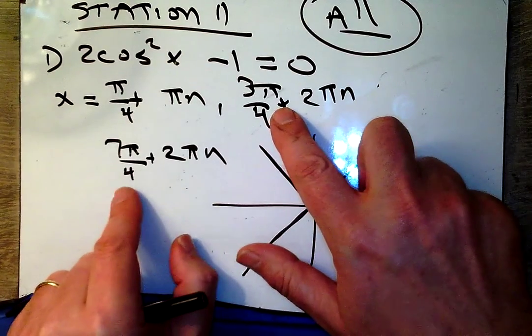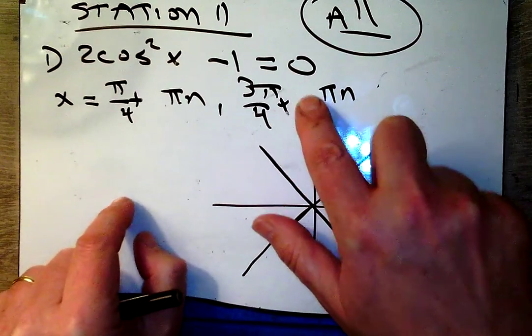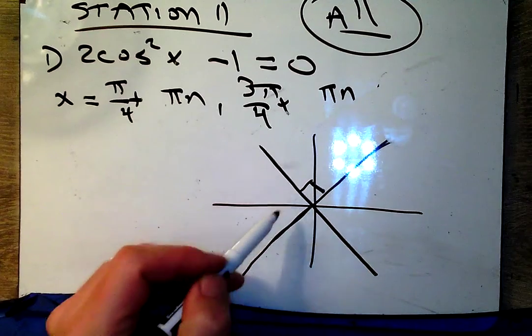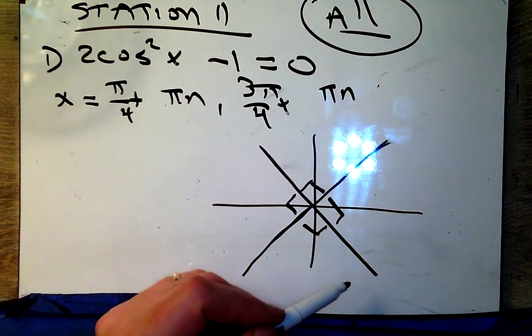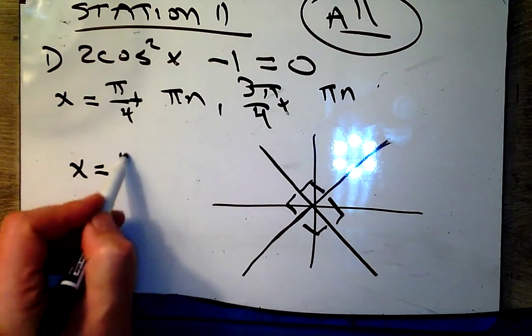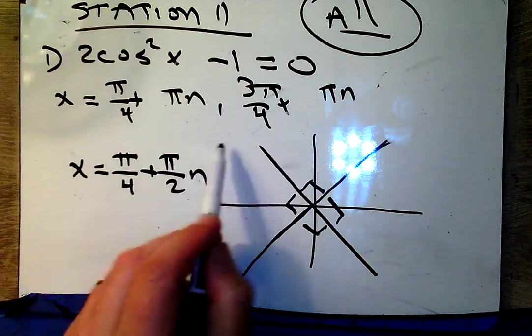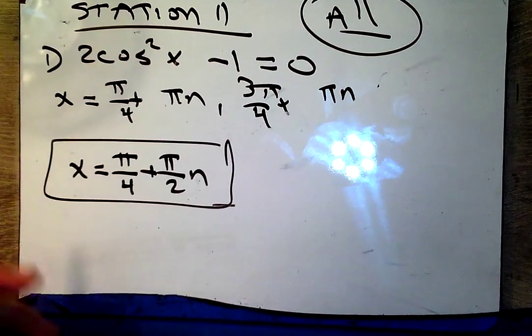The distance from here to here is pi, so I can get rid of this and make that be pi. Or, like I showed a little while ago in the first part of the video, these are all pi over 2 apart. And so really, we could go with pi over 4 plus pi over 2 n. That would be my preferred solution, or my multiple choice solution.